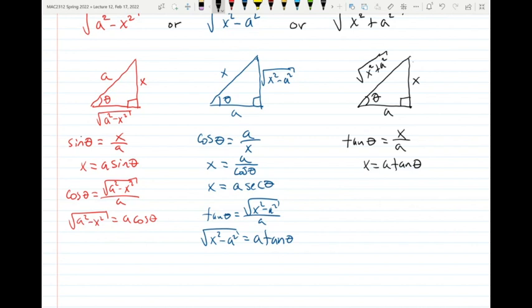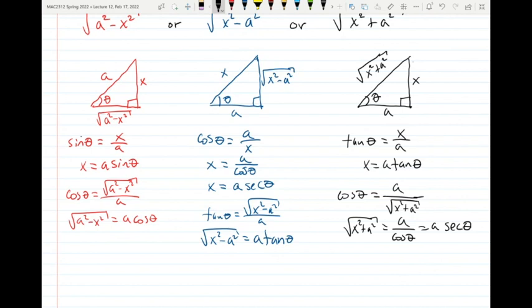Nobody likes secant, but unfortunately it is going to come up because the radical is in the denominator. So when you solve for it, the secant will pop up. But let's say you go with cosine first, then the secant will make its entrance anyway. So adjacent over hypotenuse. Solving for the radical, we get a over cosine, which is a times secant.